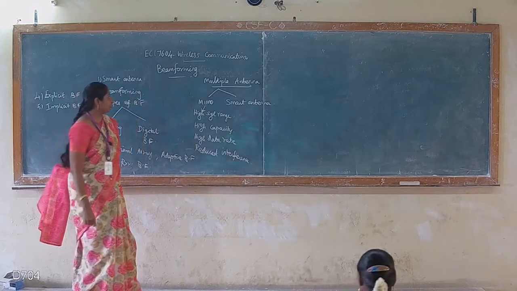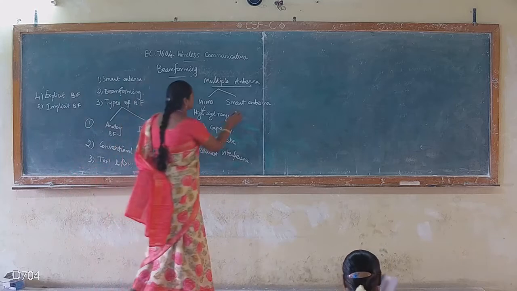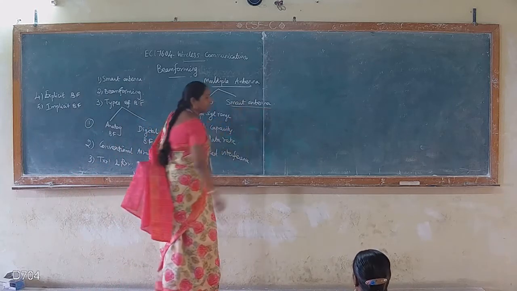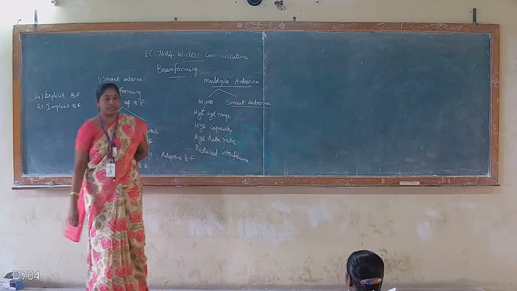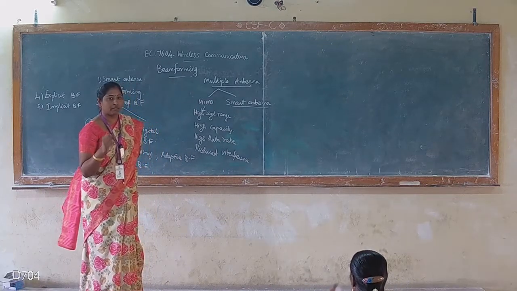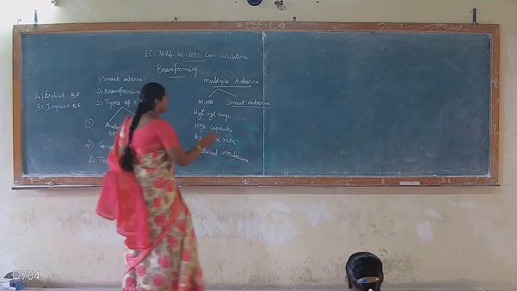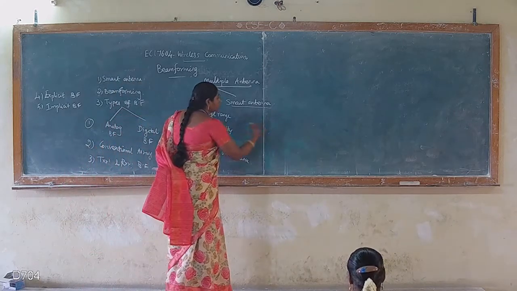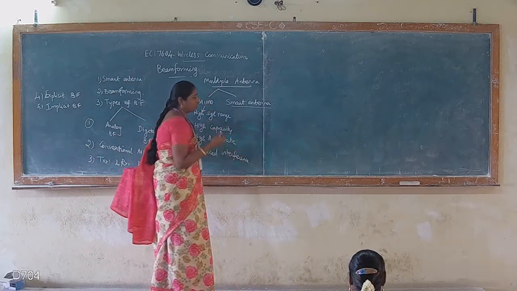Another subtopic in multiple antenna is the smart antenna. What do you mean by smart antenna? It also uses multiple antennas. It is called an adaptive antenna. Smart antenna is nothing but adaptive antenna. It consists of an array of antenna elements, not only a single antenna.